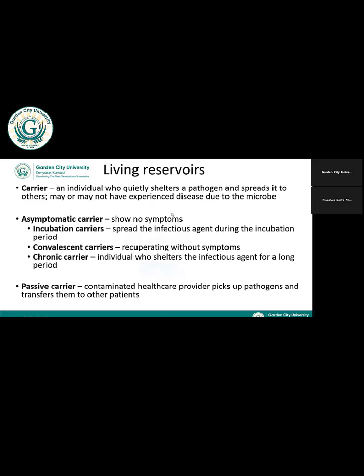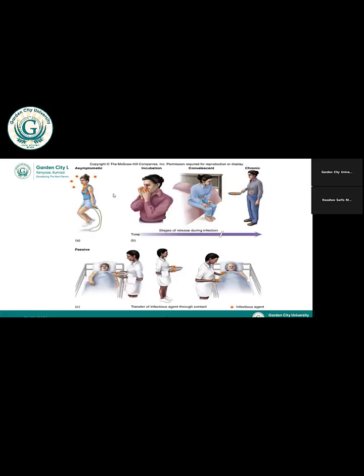So in the case of transmission, we could have those who are asymptomatic carriers. They don't show symptoms, and then they go about shedding the infectious agent in the population.